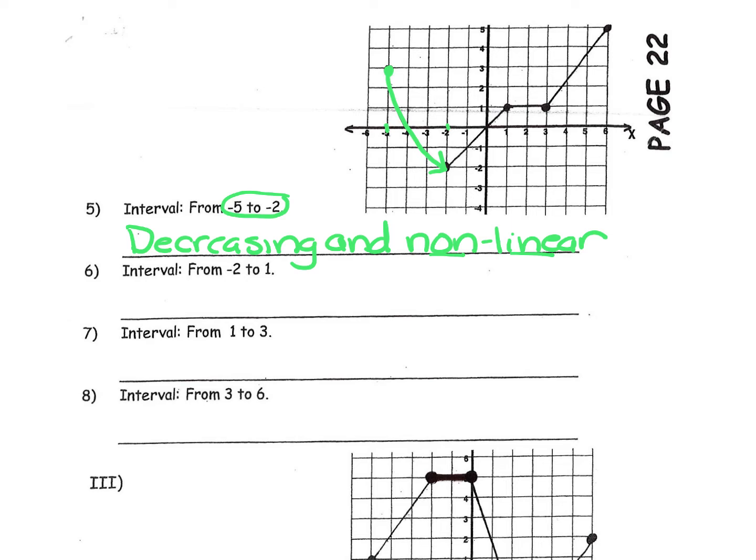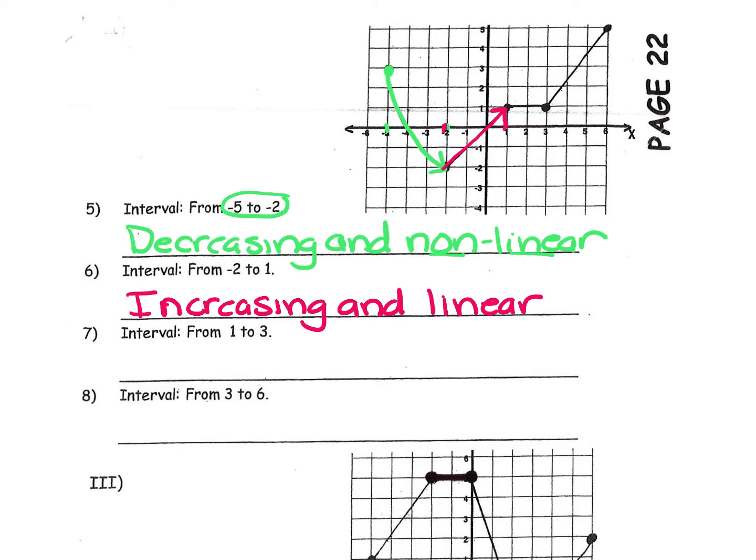Let's check out the next section of the function. From -2 to +1. You can see it's increasing and it's a straight path. So we would describe that as increasing, and linear.